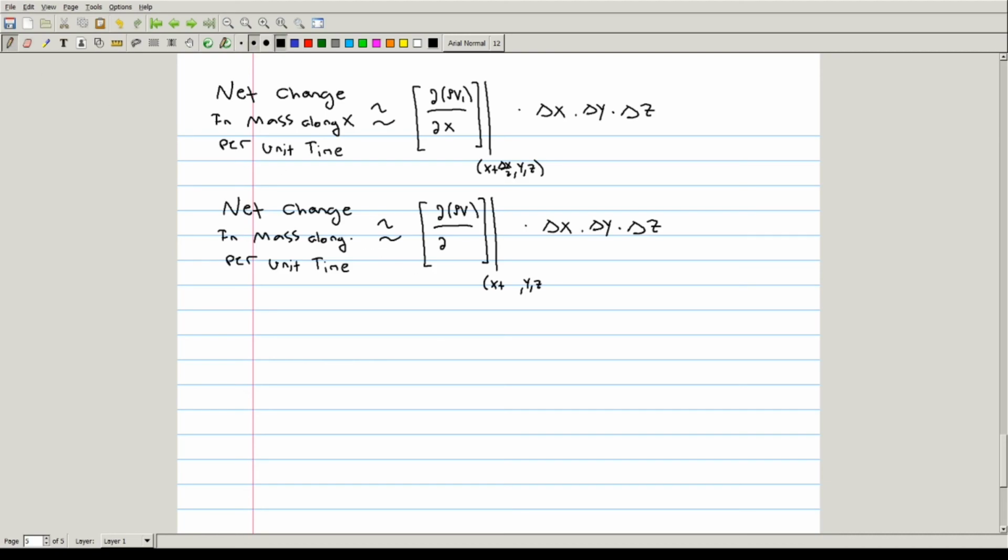The net change in mass along z per unit time will be the z partial derivative of the density times v3, and it becomes then evaluated at the point x, comma y, comma z plus delta z over 2.